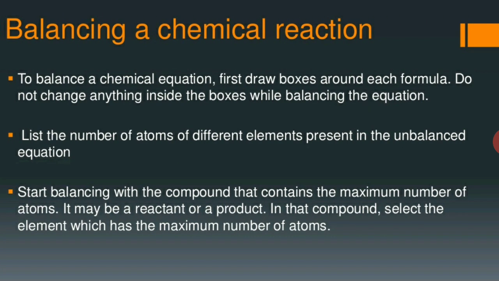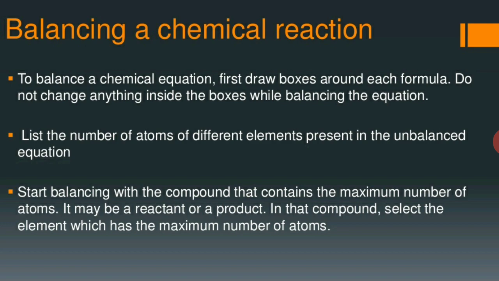So there are certain steps to follow for balancing a chemical reaction. First, to balance a chemical equation, draw boxes around each formula. Do not change anything inside the boxes while balancing the equation. Second step, list the number of atoms of different elements present in the unbalanced equation.